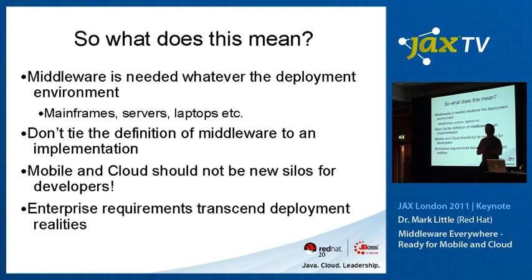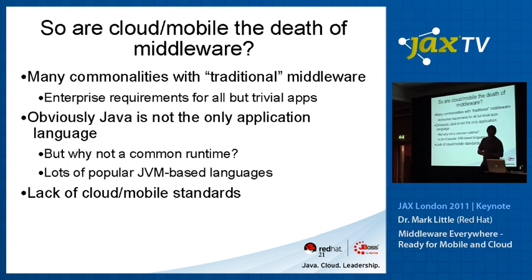Those things don't go away just because you move to the cloud. In fact, if you look back at what's been happening over the last 6 or 9 months, I think they actually make more sense in the cloud than anywhere else, particularly security and reliability. So cloud and mobile are not the death of middleware. There are many common traits with what we might call traditional middleware. Obviously, Java's not the only language.